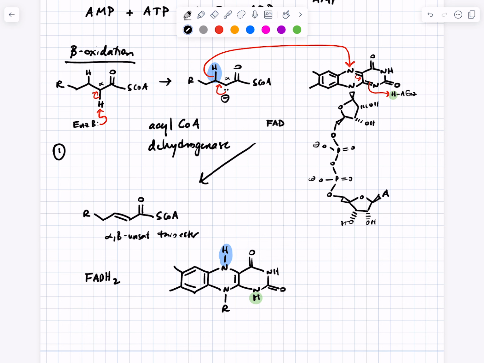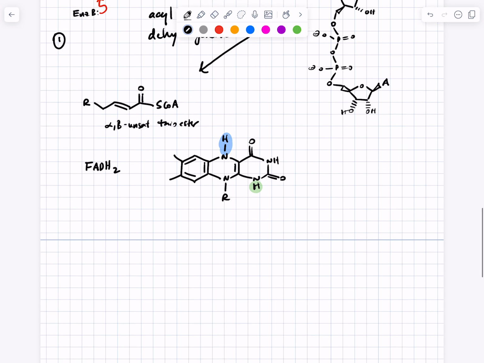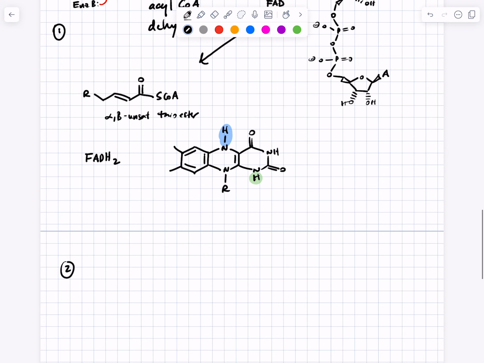Okay, so let's review what we know about alpha beta unsaturated thioesters. Where are they electrophilic? Where are alpha beta unsaturated carbonyl carbons electrophilic? 2 places. What are they? Beta and carbonyl carbon, right?